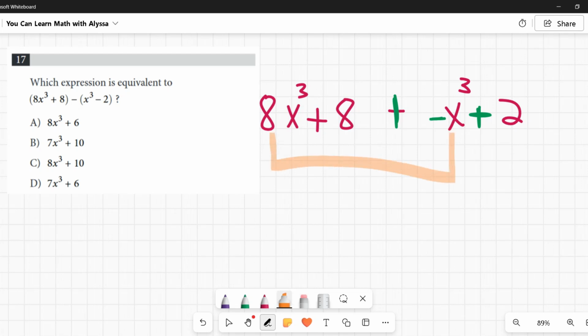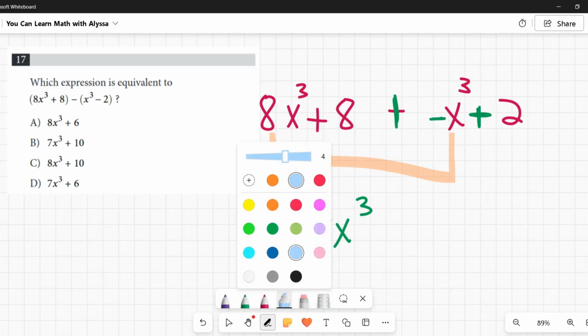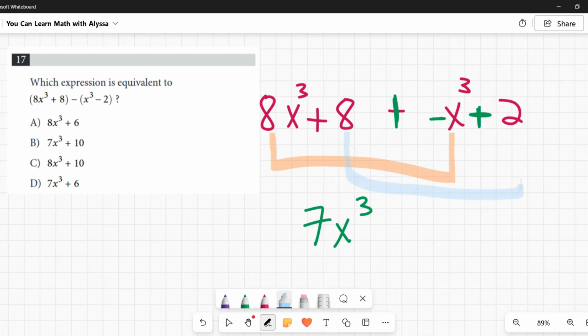So those two go together, 8x cubed and a negative x cubed, or 8 minus 1 would be 7x cubed. And then we have 8 and 2. So 8 plus 2 is 10.